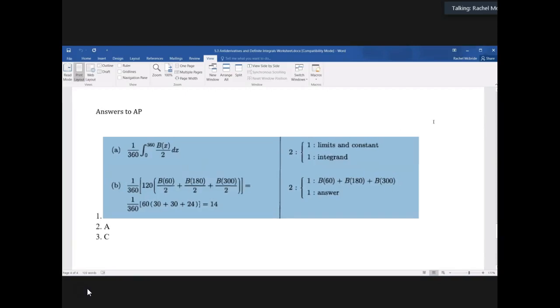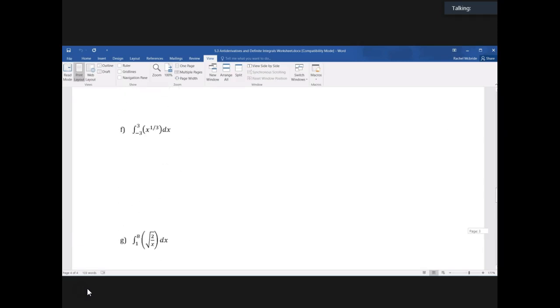Okay, there's the blood vessel and your two multiple choice. And then we just have to find the second page where we do all of the plus C ones. So that looks like it.